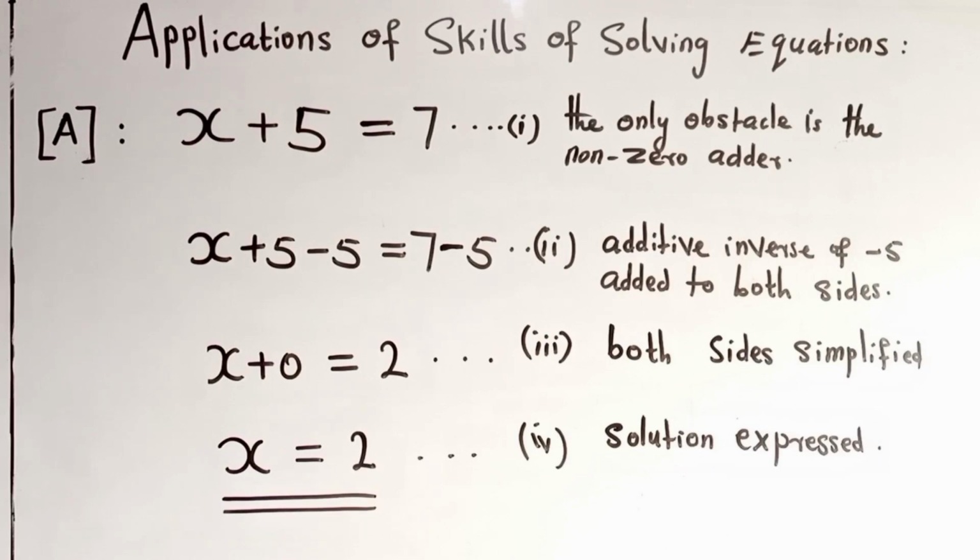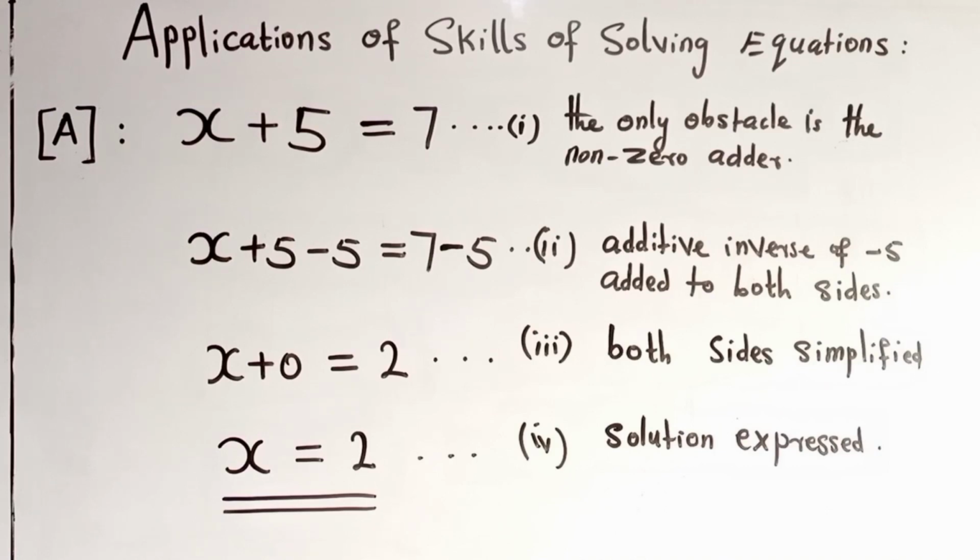We don't know what it is, but when 5 is added to it, the answer is equal to 7. That is, something plus 5 is equal to 7. What is that something? I'm sure that with this statement, you will quickly rush into the answer and say the answer is equal to 2.